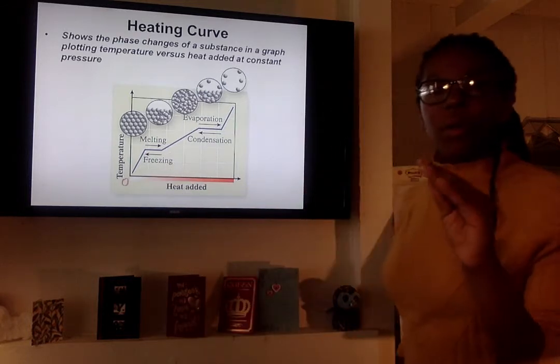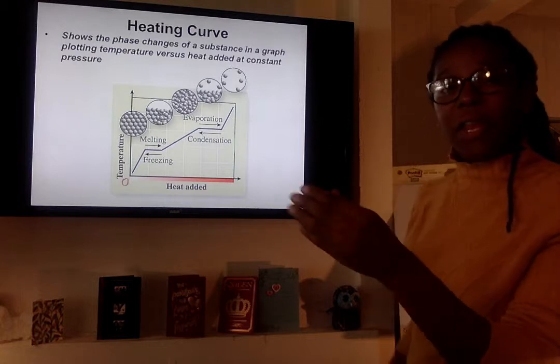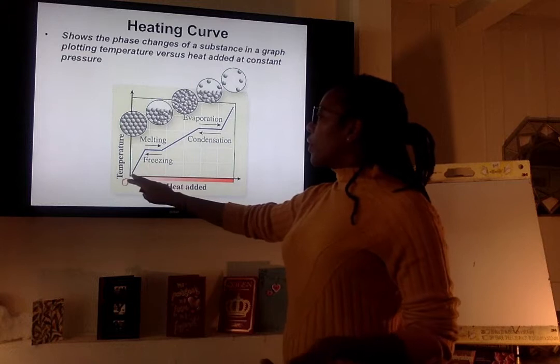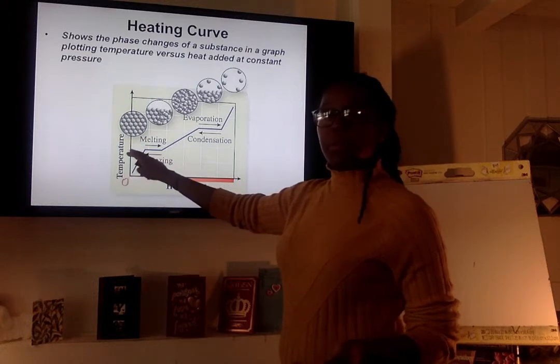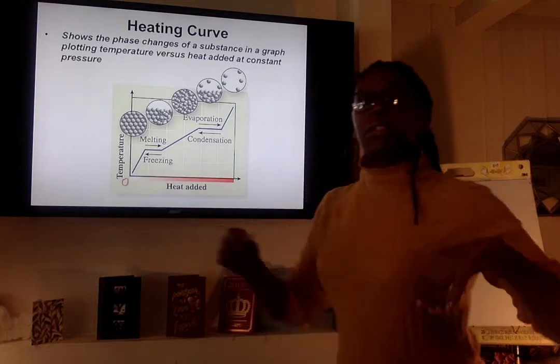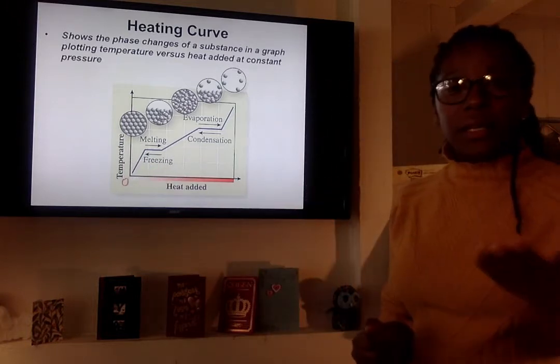So this is not to say you're decreasing the temperature, but once you get it to the point where it begins to melt, if you leave it at that same temperature, there's no more increase in temperature. The temperature is not going to increase until it's reached its final phase of melting, if that makes sense.